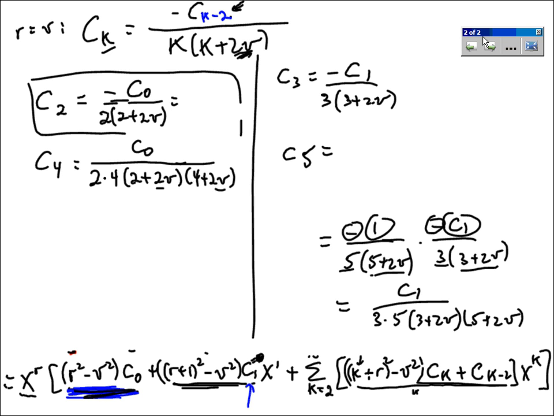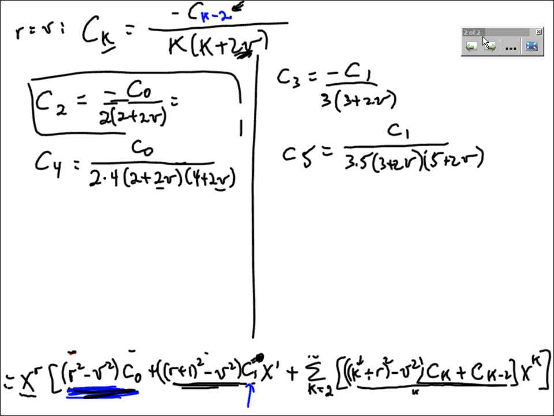You really should see a pattern emerging. c1 over 3 times 5, (3 plus 2v), (5 plus 2v). If we were to do c sub 6, I'll start it off here, it is negative c4 divided by 6 times (6 plus 2v).